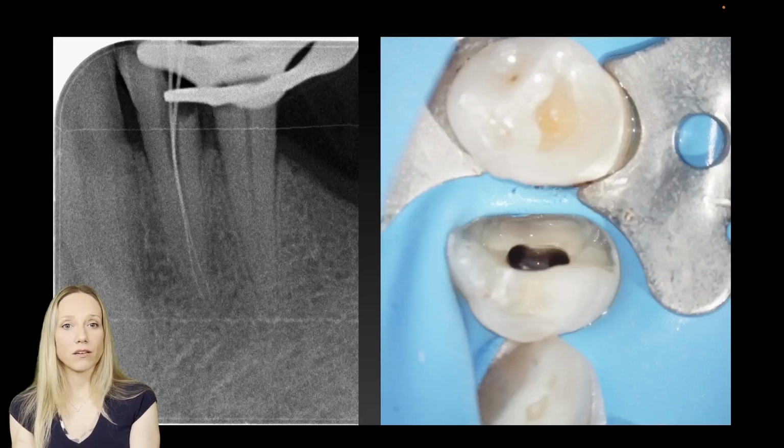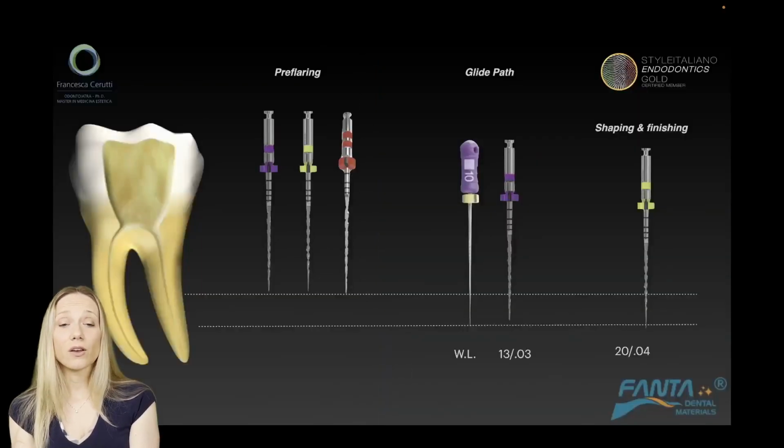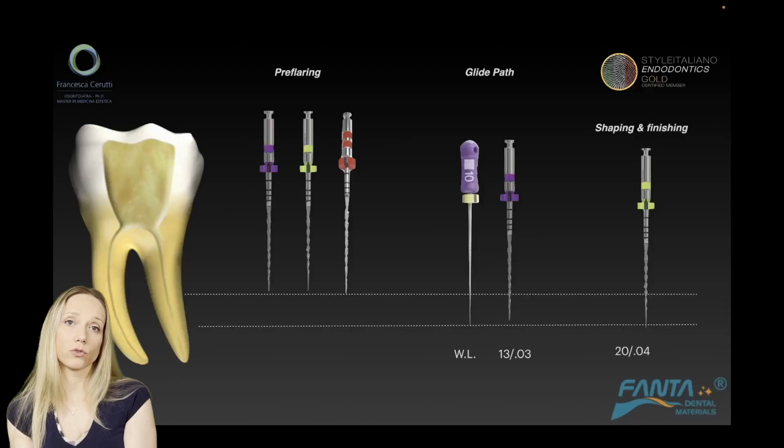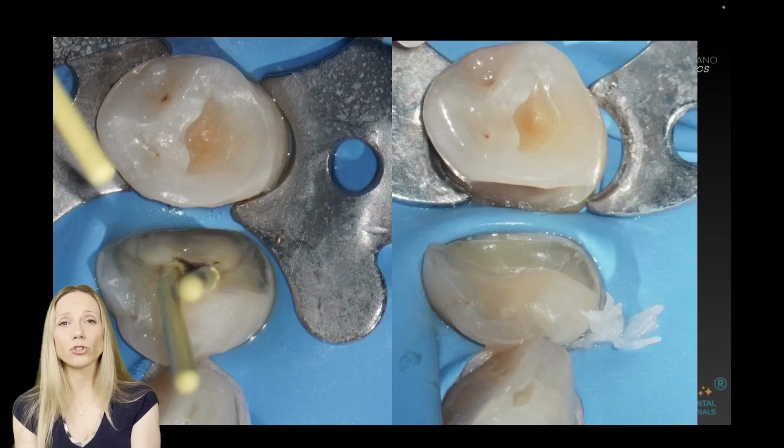Perfect. Fine. I take my working length, I try to be as conservative as possible in my shaping, I clean, and then what do I do? Pre-flaring, glide path, shaping and finishing with a small file, 20.04. And in this case, I chose a single cone and bioceramic sealer filling because the roots are thin. I have no good access, so I don't want to risk it.